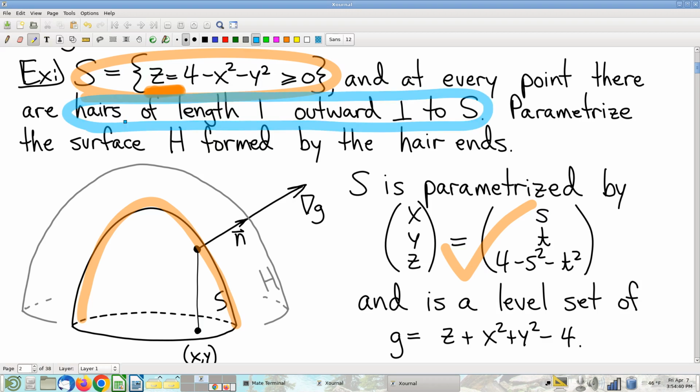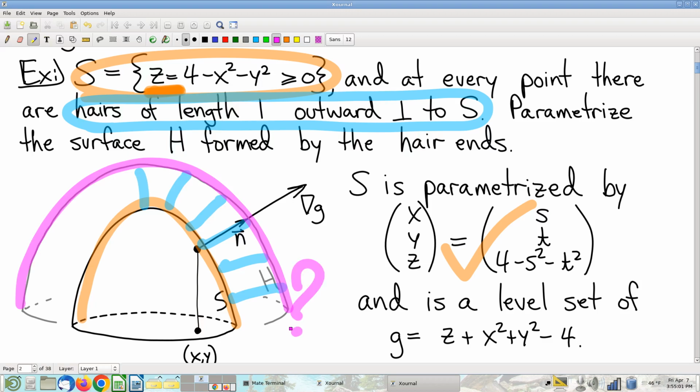We're going to imagine their hair, uniform hairs of length 1, and then imagine they grab onto that static electricity thing and their hair goes straight out, perpendicular to their head. And that makes a different surface. And the question is, how do we parameterize that purple surface?